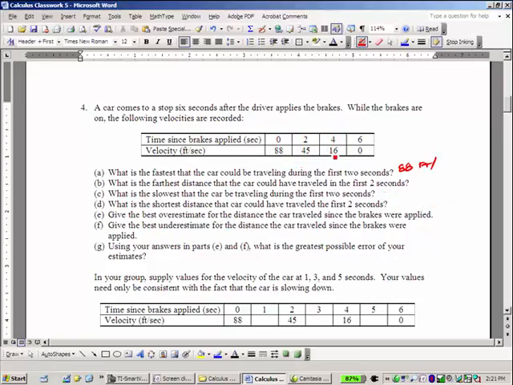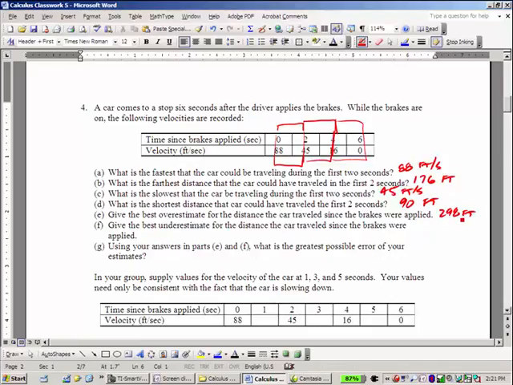And for the last 2 seconds, from 4 to 6, 32. So the best overestimate you could say was 176 plus 90 plus 32. I can't do that in my head. 298 feet. The best underestimate, all right, well, let's see.